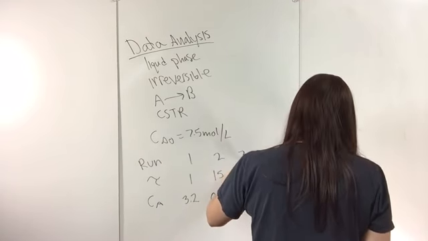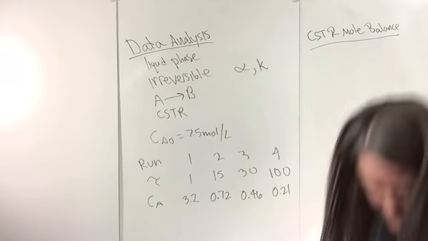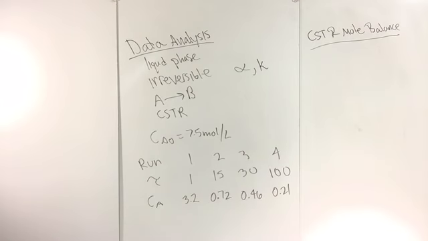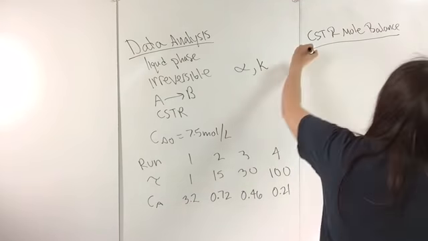So the first thing you want to do is the CSTR mole balance. This will still be following the same steps on this table, because if you look at this, they select their reactor type, this is step 2, and then the corresponding mole balance. So we have a CSTR, so V is equal to Fa naught minus Fa over minus Ra.